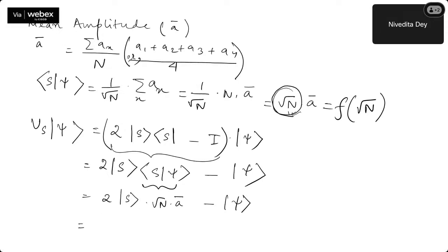Now ket S is nothing but the superposition of that particular thing, x, right? So I can write it in this way: 2 into root n into a bar into this ket S. Can I write it down in this form? That is 1 by root over n times sigma x ket x.